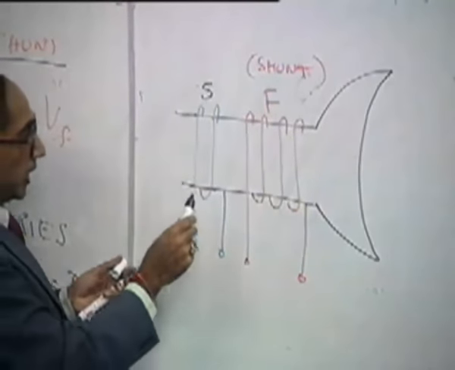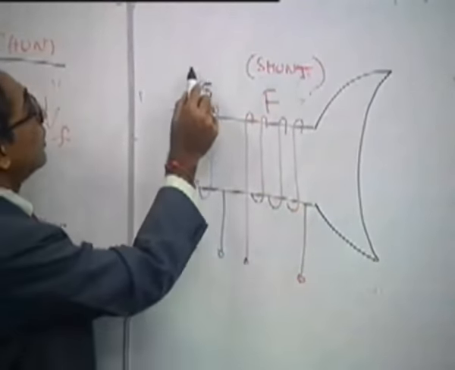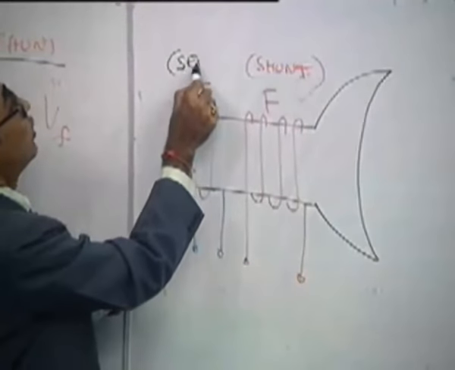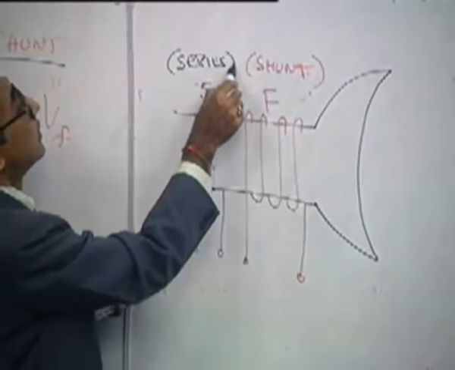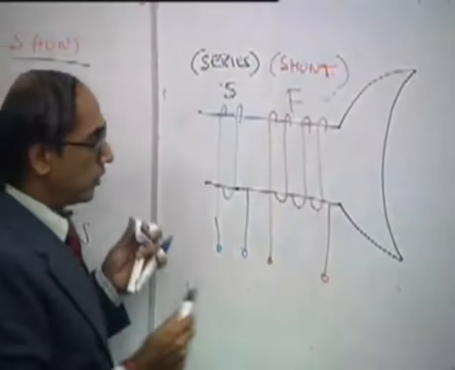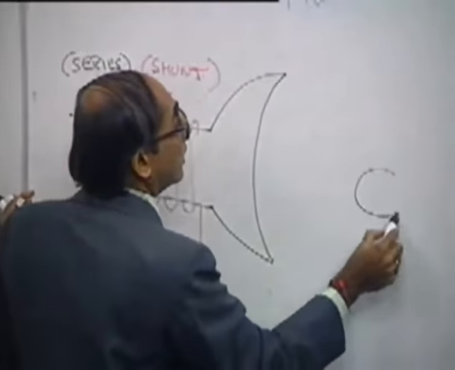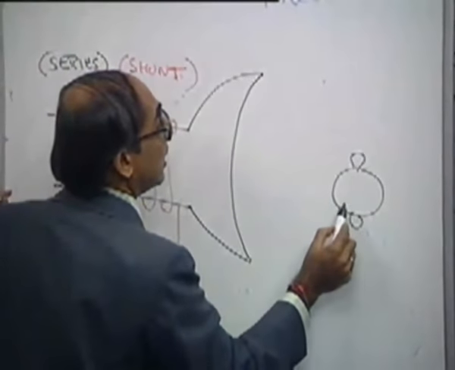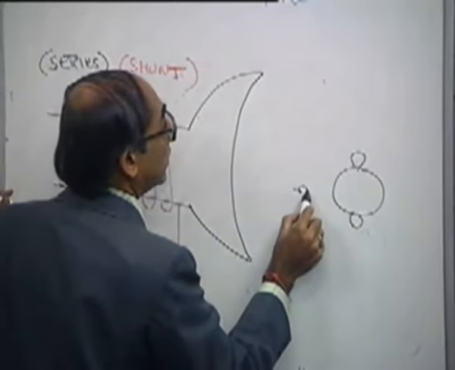So this is a compound winding, that is on the same pole you have wound two windings. One goes for connecting to shunt, another for series. So you can write schematically like this. If this is the armature, there are two windings.